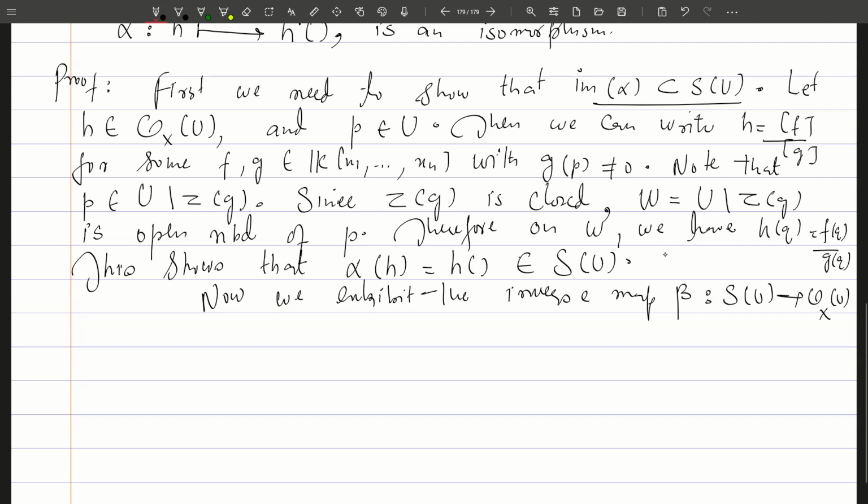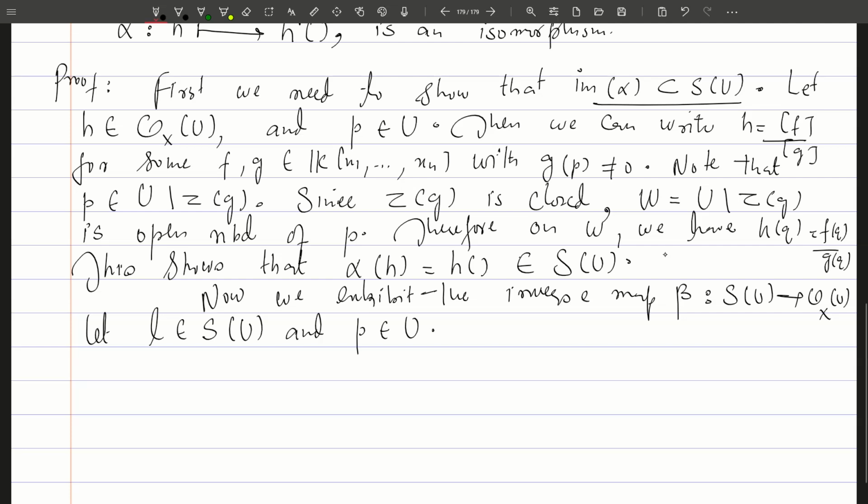For that, let us take some element L in the ring S of U and some arbitrary point p inside U.